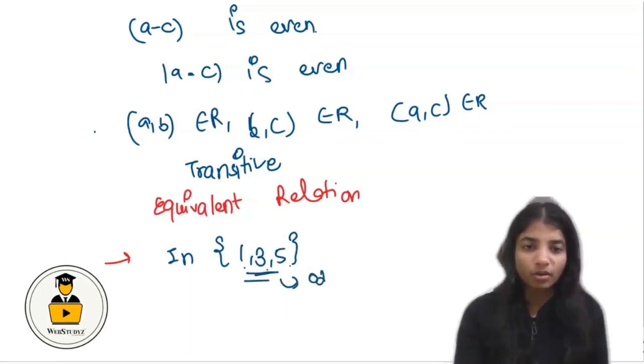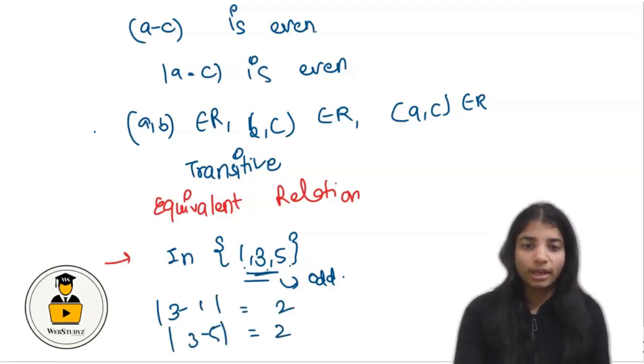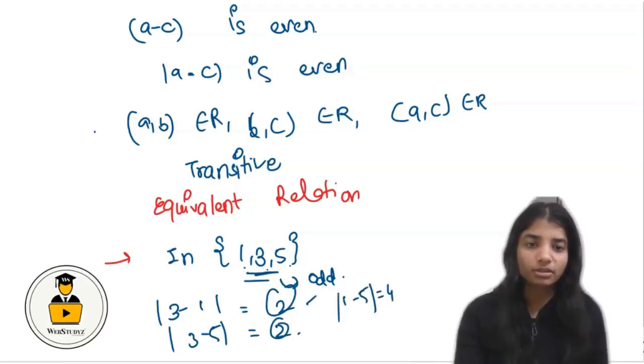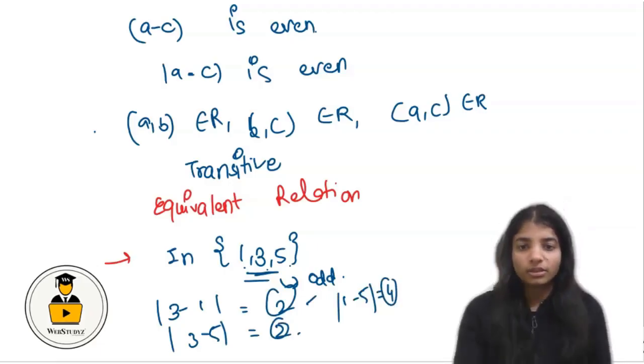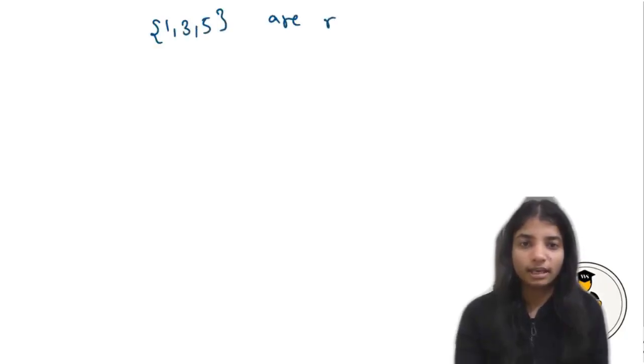All these numbers are odd, and the difference between them, say 3 - 1 or 1 - 3, because of the modulus, is 2, and |3 - 5| or |5 - 3| is also 2. |1 - 5| is 4, which is also even. So the difference between any two numbers is always even, so the elements of this set are related.